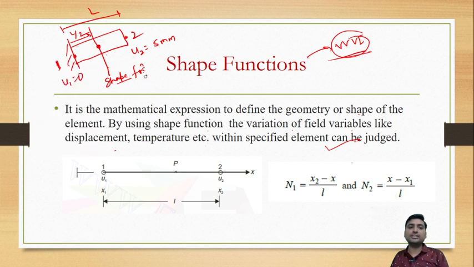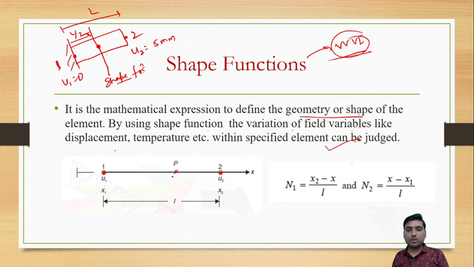So the shape function is nothing but a mathematical expression to define the geometry of this. If you define the geometry using any polynomial function, that is nothing but the shape function. For example, here I have taken the same two noded bar element, node number 1, node number 2.